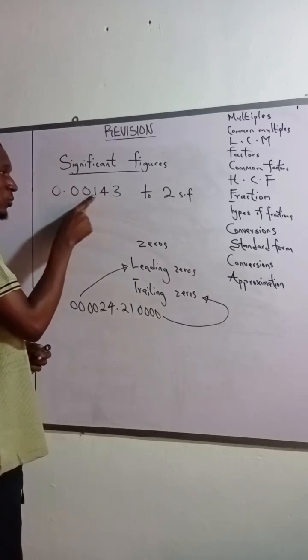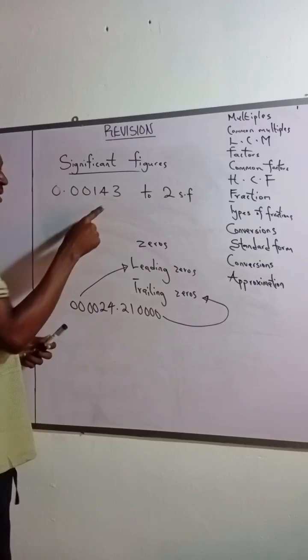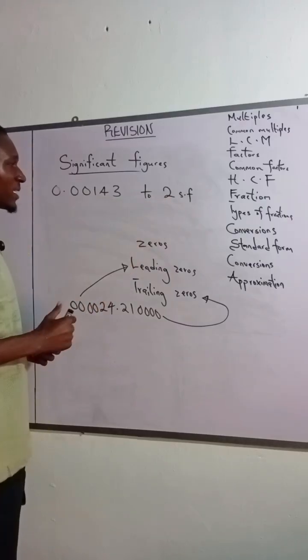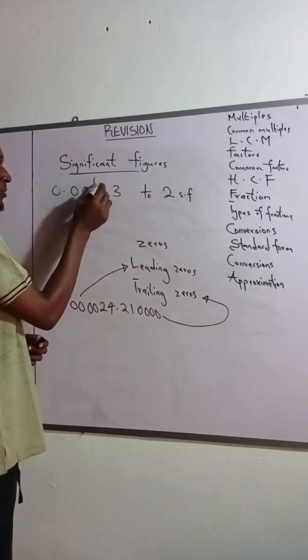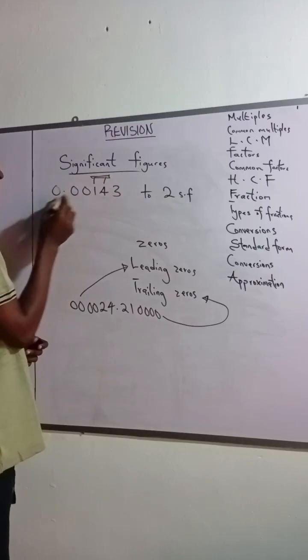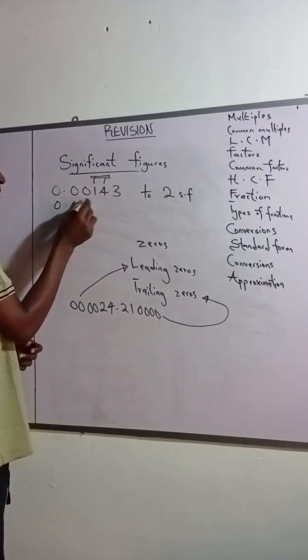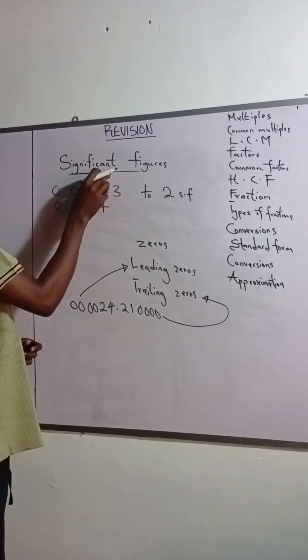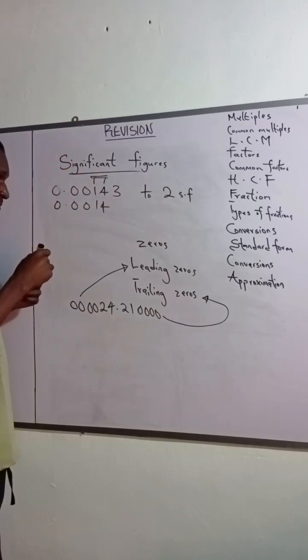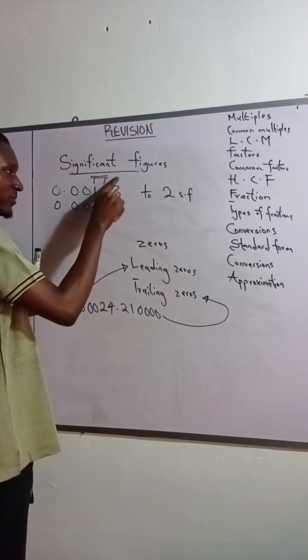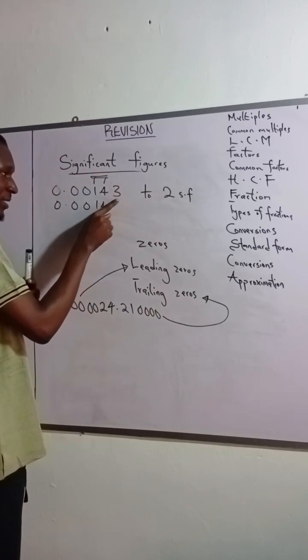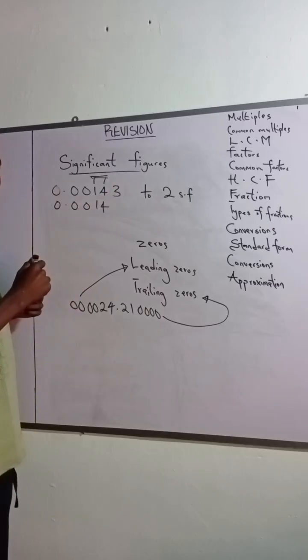You count only these real numbers here. And you have to count only what? Two significant, which is 1, 2. That means you are going to only write 0.0014. This is where you stop. Don't forget, before you stop, you are going to check if this number is up to 5. If it is up to 5, you increase this one.